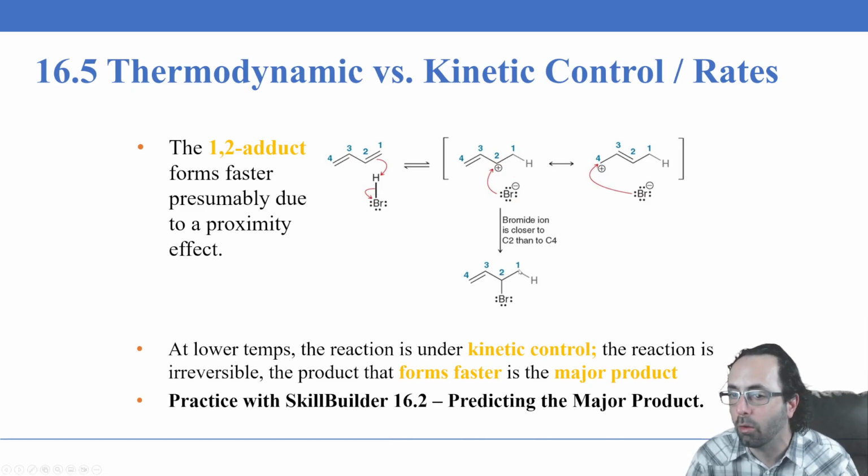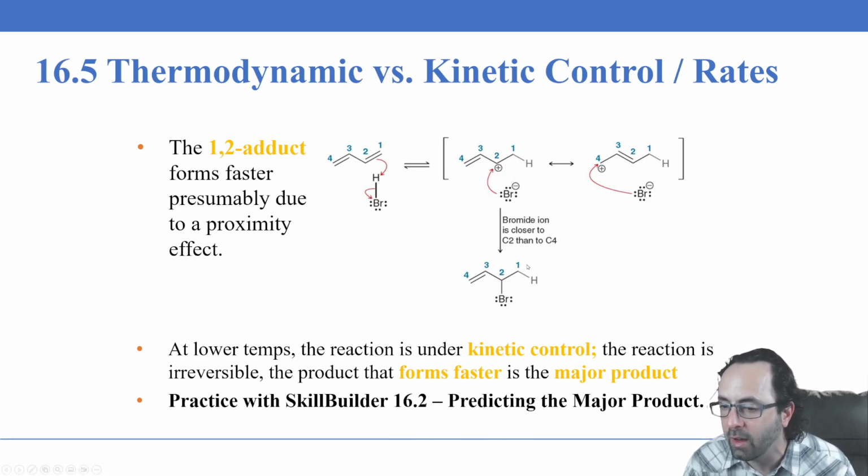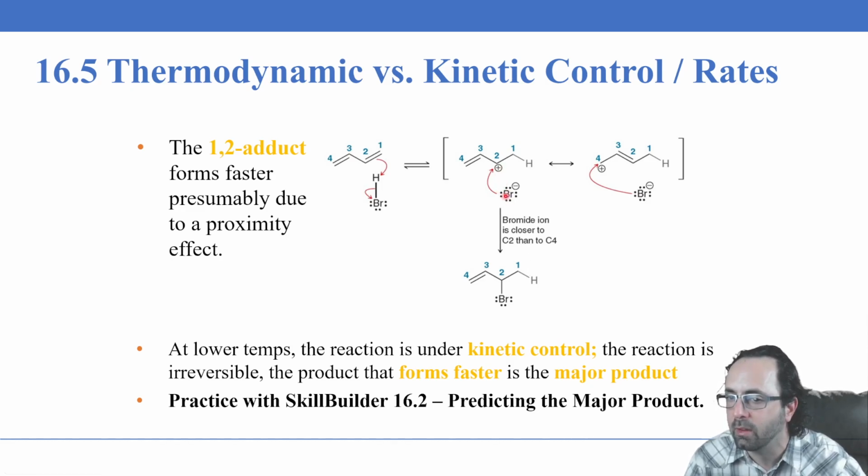That's also kinetically favorable, bringing these two reagents in close proximity to one another, whereas the bromide will have to travel over here after the HBr is deprotonated to get over to the fourth carbon, which will be kinetically less favorable.